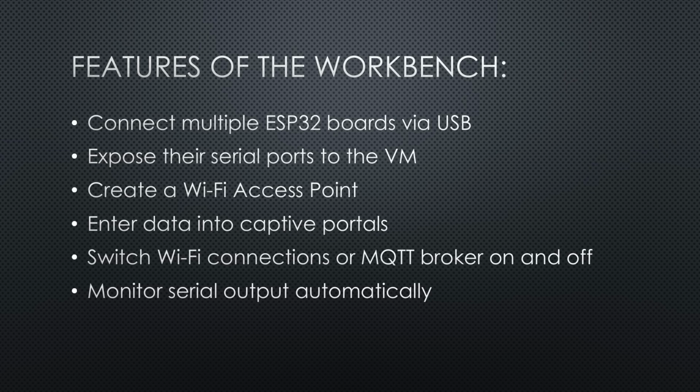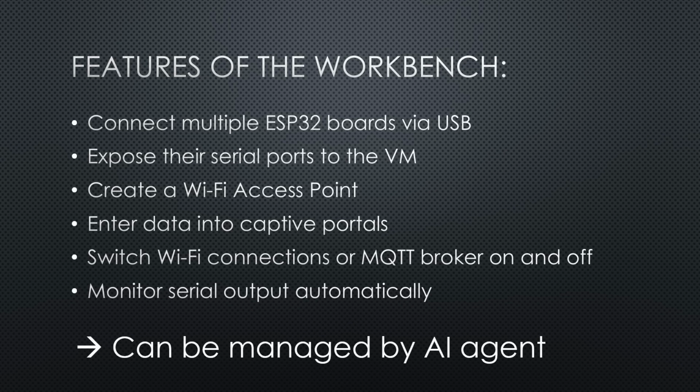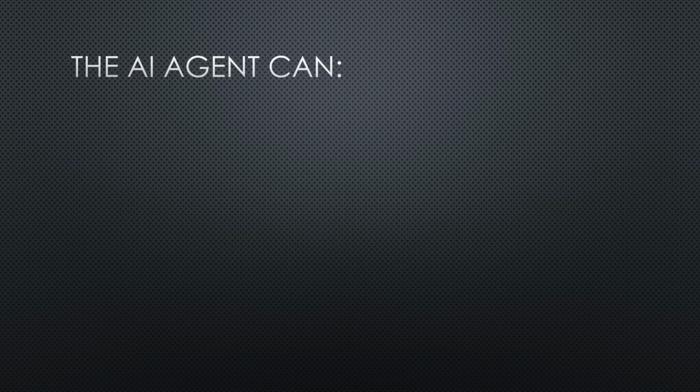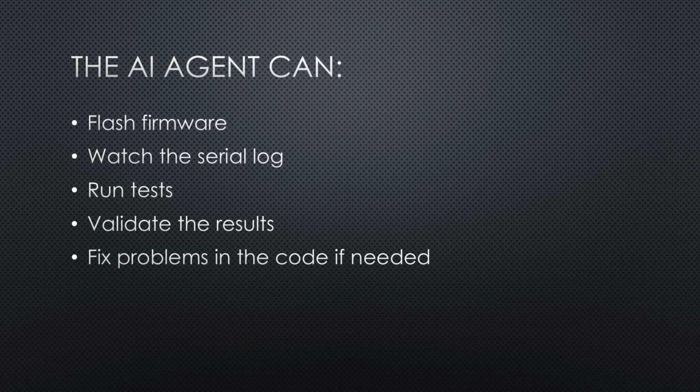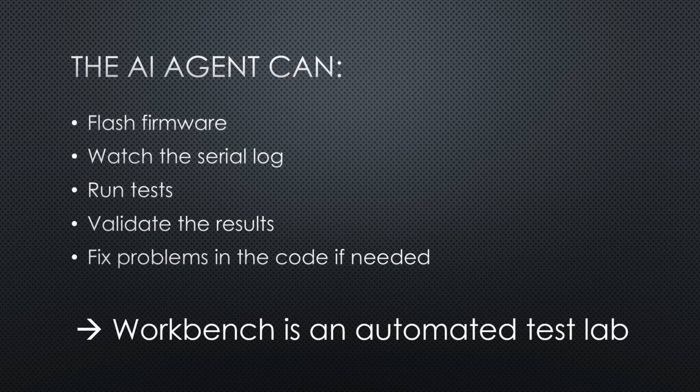And the interesting part, the whole system is designed so that AI agents can control it directly. This means the AI can flash firmware, watch the serial log, run tests, validate the results, and fix problems in the code if needed. So the ESP32 workbench is really an automated hardware test lab.